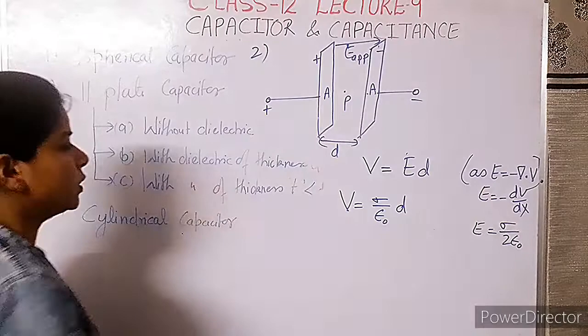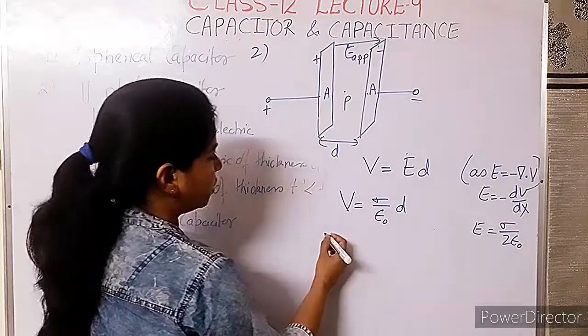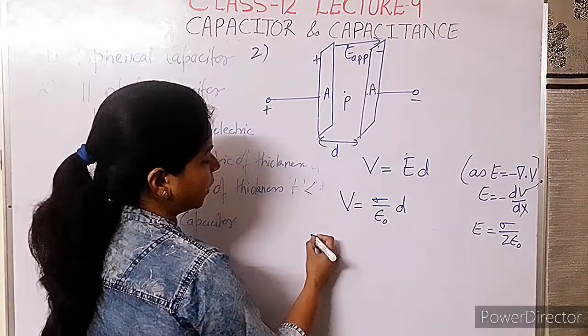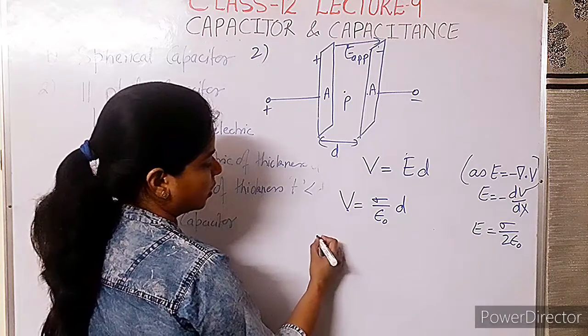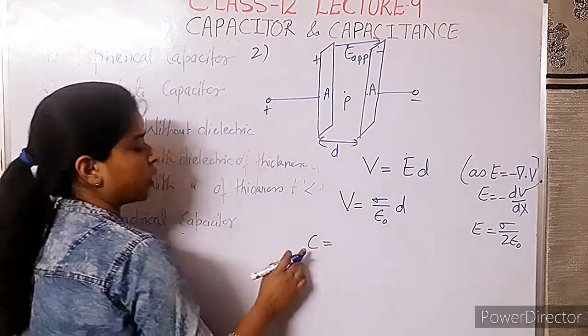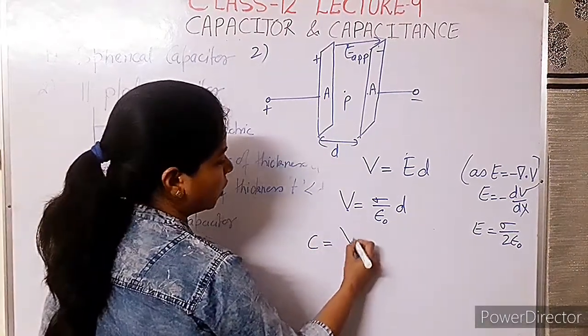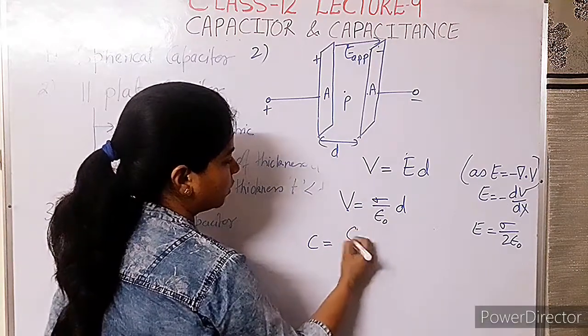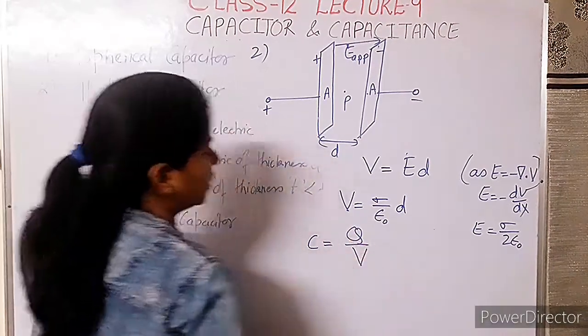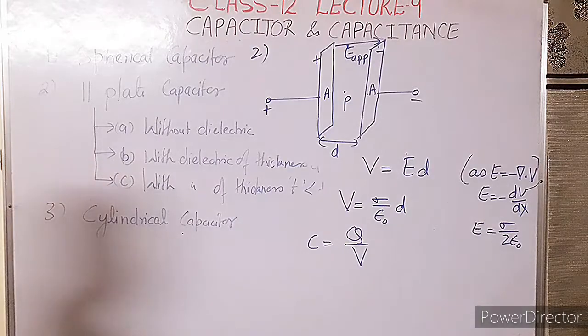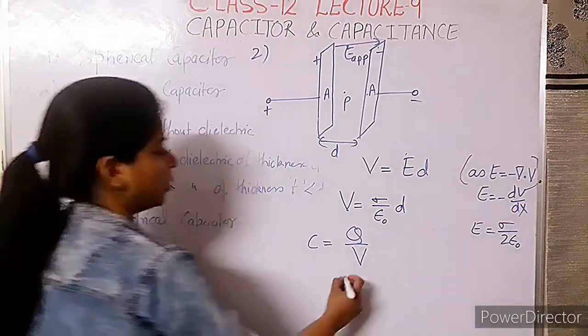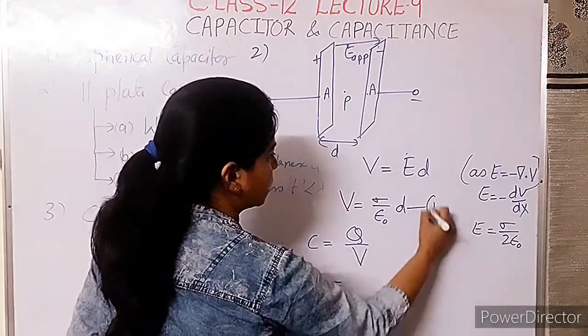Okay, now if we have calculated V, then we need only to apply the law of capacitance, that on the basis of law of capacitance, C is equal to Q divided by V. Okay, I told you this formula earlier in this lecture only. So apply this value. This is equation number 1.